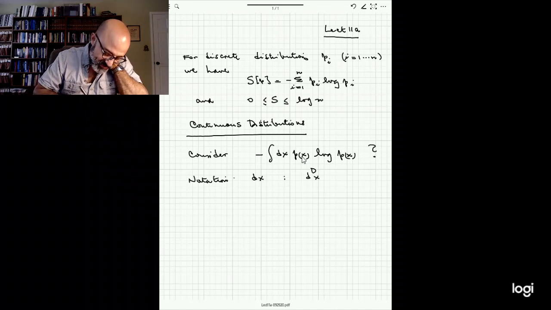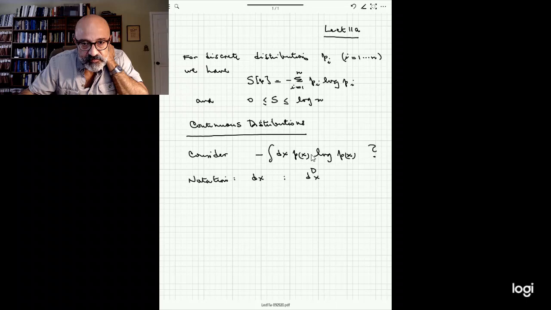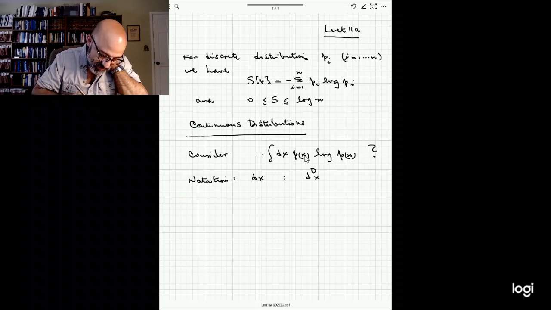The other thing is that what we have here is a probability density.